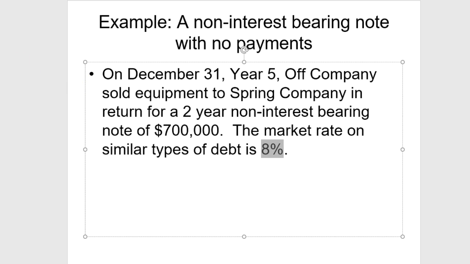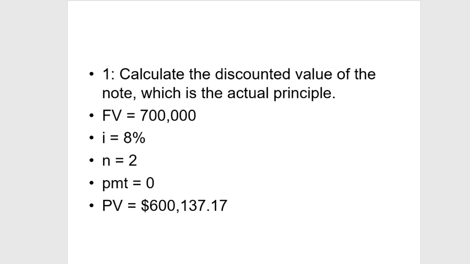Okay, so I'm guessing you did this. What we have is a period of 2 years, so N is going to be 2. We're going to receive $700,000 in the future. Our interest rate is 8, and there are no payments. So essentially we just need to calculate the present value.